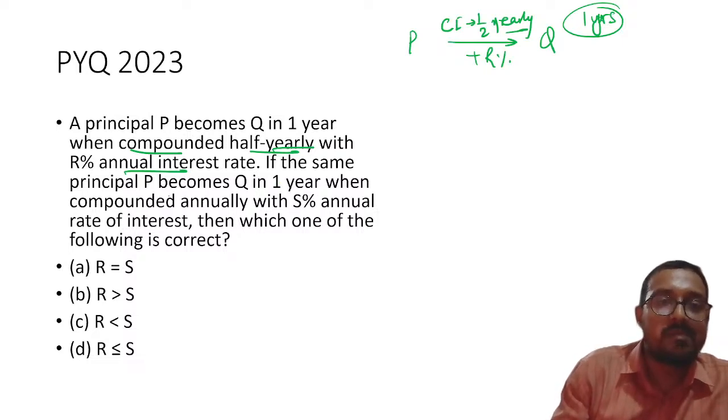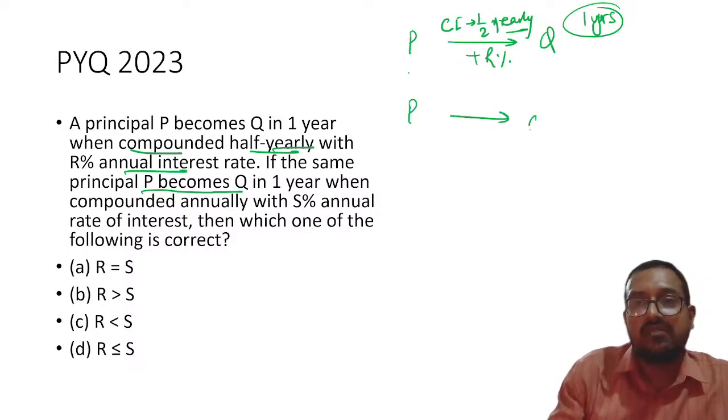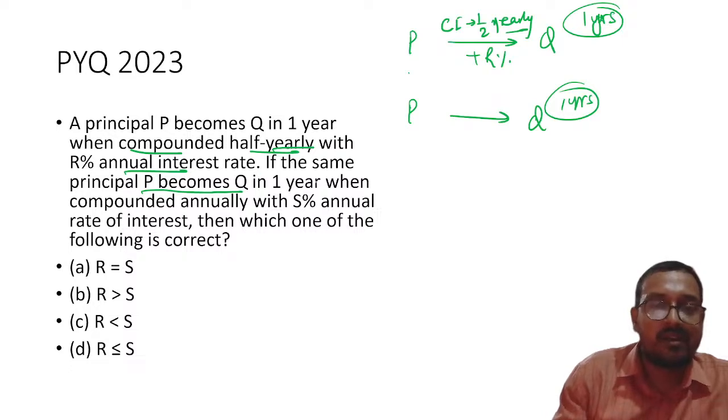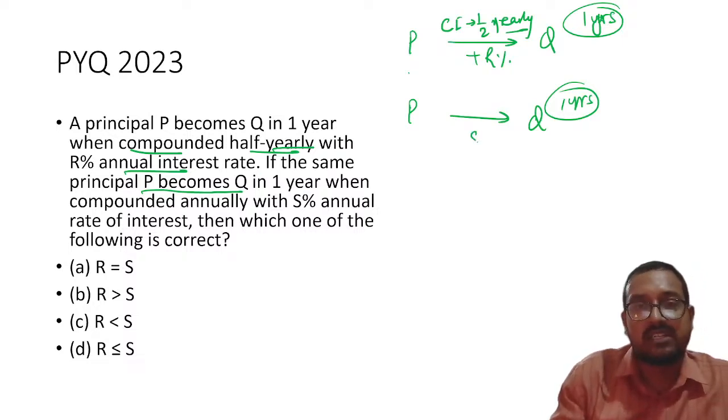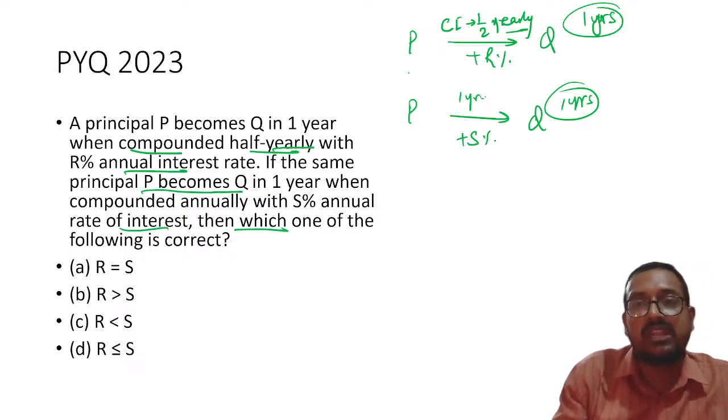If the same principal P becomes Q again in 1 year when compounded annually with S percent annual rate of interest, then please remember that here it was half yearly, and here it is yearly.